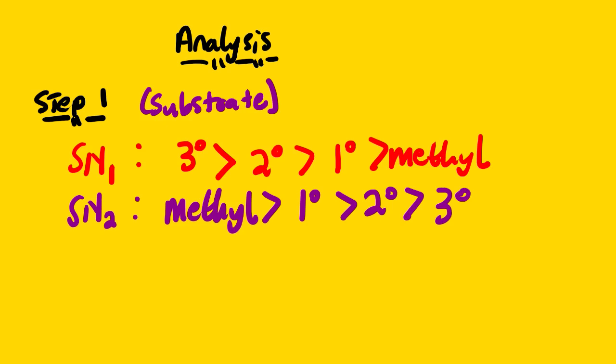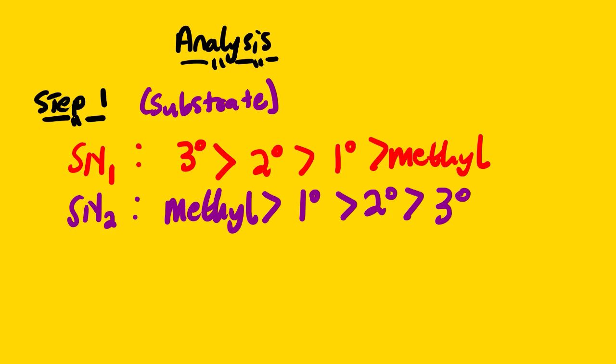That is why I said it's very important for you to watch the lessons on SN1 and SN2 nucleophilic substitution reactions, so that you can know what tertiary, secondary, primary, and methyl halides are. So remember this trend.